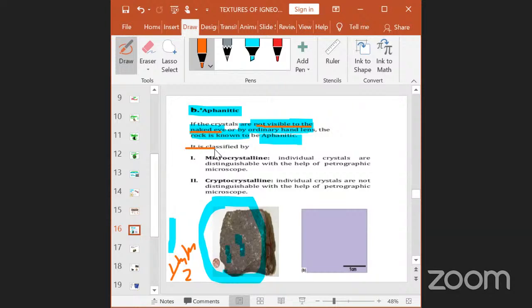See, aphanitic is classified into microcrystalline and cryptocrystalline, right? Microcrystalline, cryptocrystalline.